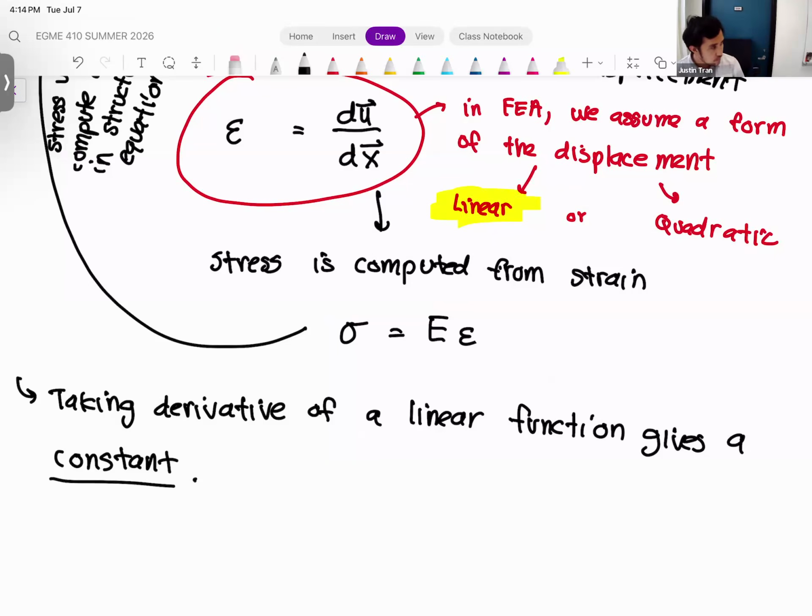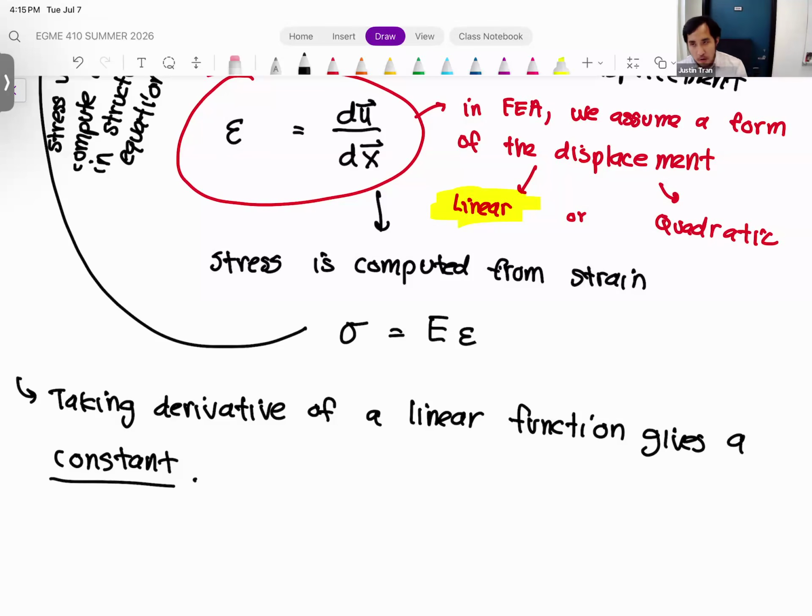If you assume the simplest linear solution in 1D, our solution is A0 plus A1x. We take the derivative of that with respect to x, and we just end up with A1, which is just a constant.